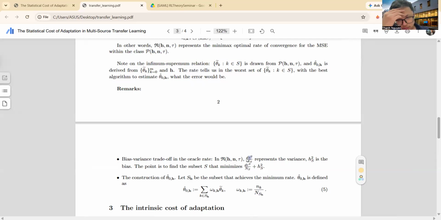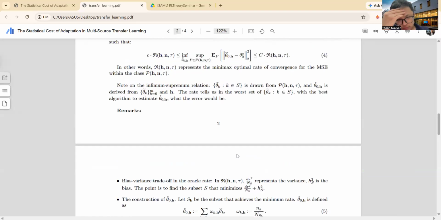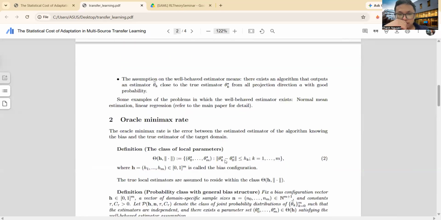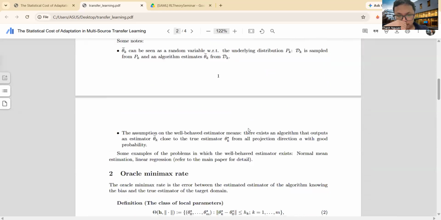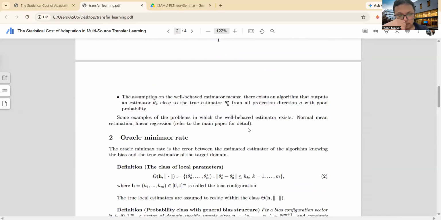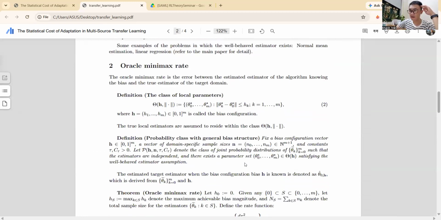The d here is the number of parameters in the estimator, so theta has d parameters. n_S is the total size of the data.